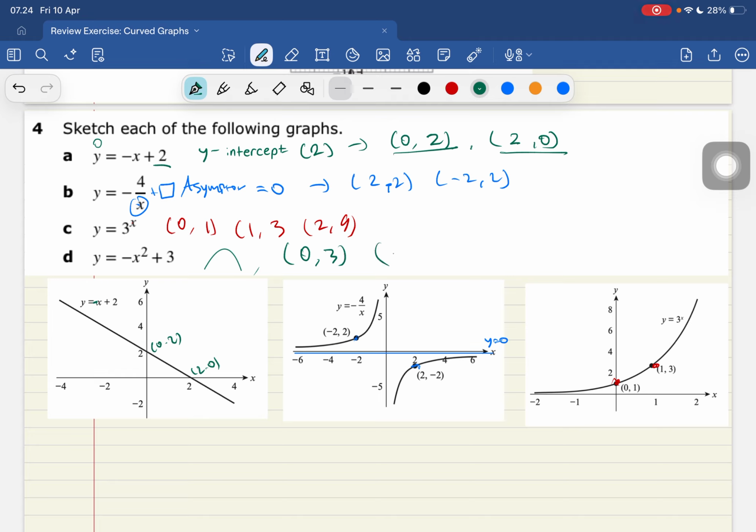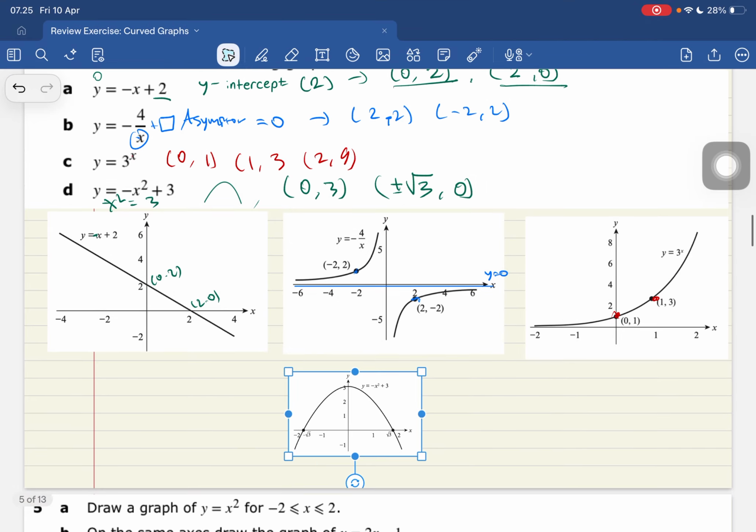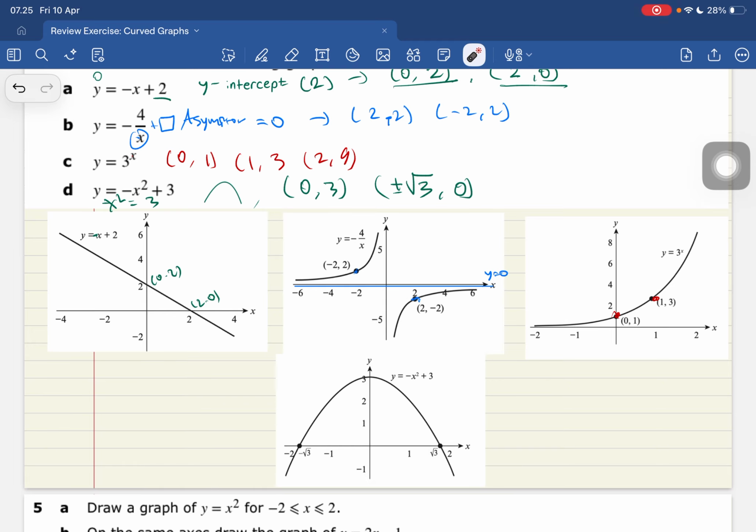However, when y is 0, x squared equal to 3, so it's going to be plus or minus the square root of 3. Okay, here it is. We got the key points. So I'll just copy and paste. Look here. We got the y-intercept 0, 3, and it's going down, and then the x-intercepts are negative square root of 3 and positive square root of 3.